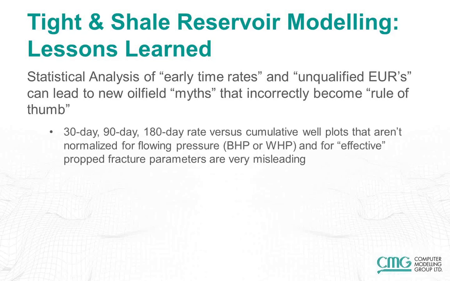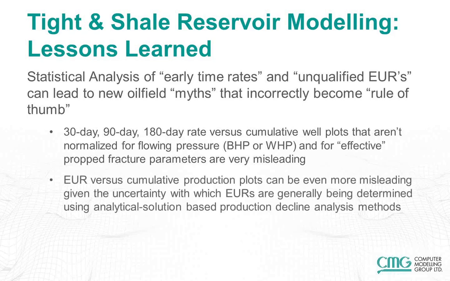If we have different drawdown between different wells, obviously this is going to affect our production rates. If we don't account for these things when doing the statistical analysis, we can see trends that aren't really there in the actual data. As well, EUR versus cumulative production plots can be even more misleading given the uncertainty in which EURs are generally being determined using analytical methods.